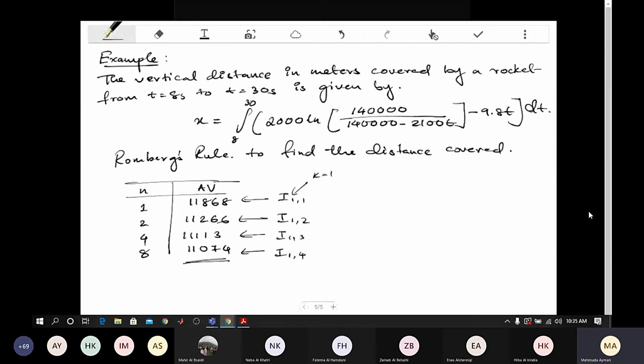And now to get the first order extrapolation values, we'll work it out. As you know the formula, we'll first work out I2,1, then I2,2, and I2,3. We've got these 4 values, and we'll work out these 3 for the first order extrapolation.